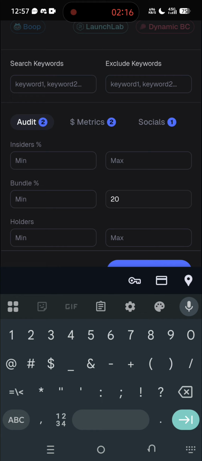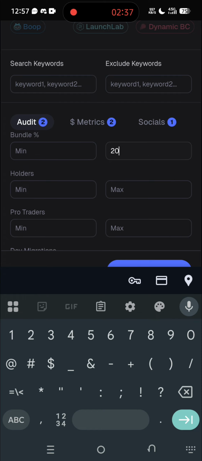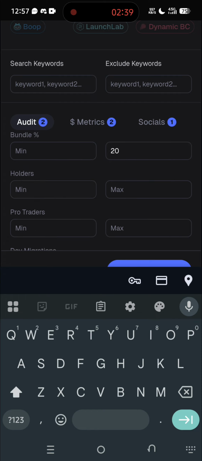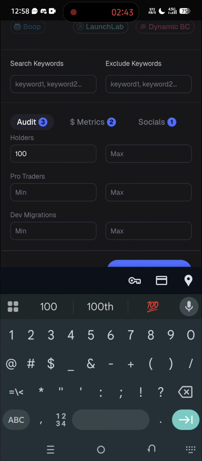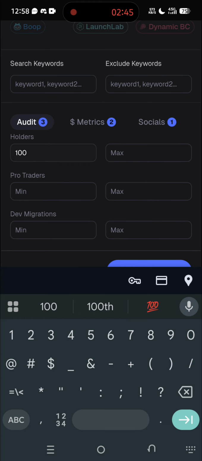We don't need any bundle wallet to have more than 20% of the token. Because if you have more than 20% of the token, they can just sell off and take all the money, the liquidity pool, and you lose your money. So max is 20. Minimum orders, I put 100 minimum orders.